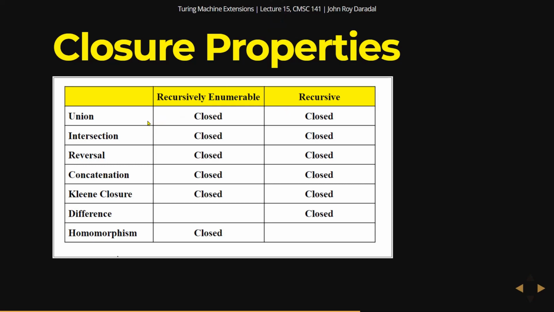Union, intersection, reversal, concatenation, and Kleene closure are closure properties for both recursively enumerable and recursive languages. However, for difference, only recursive languages are closed under it, and for homomorphism, only recursively enumerable languages. Let's see why that is, one by one.